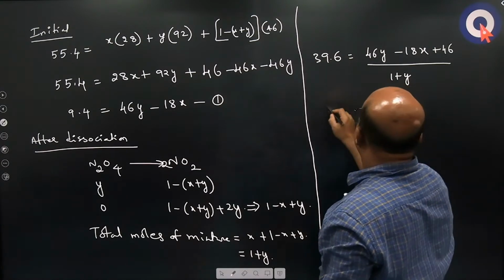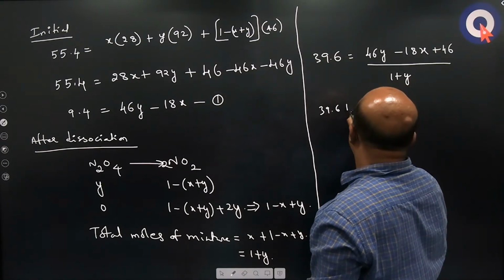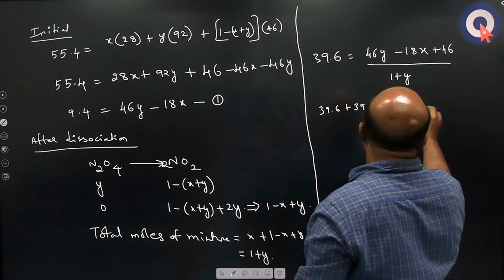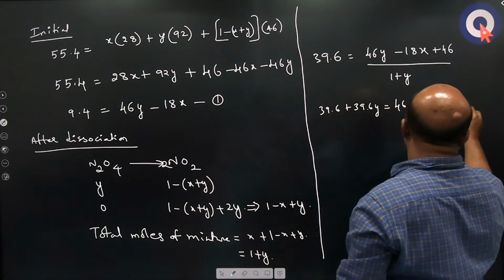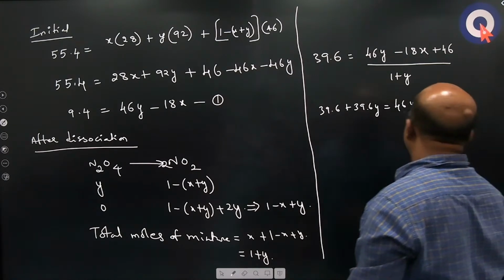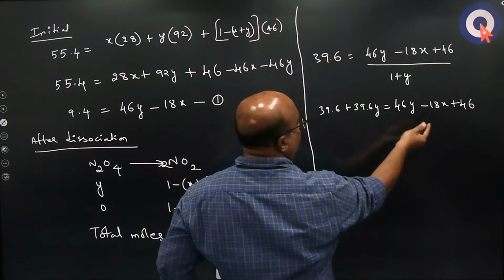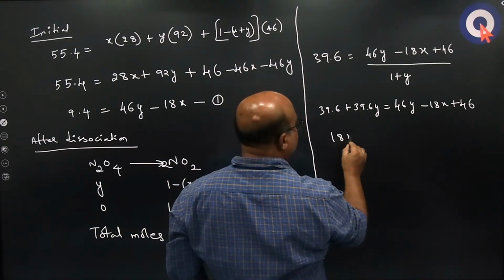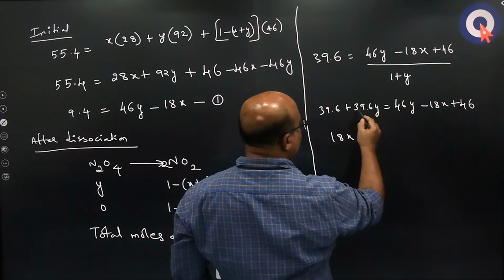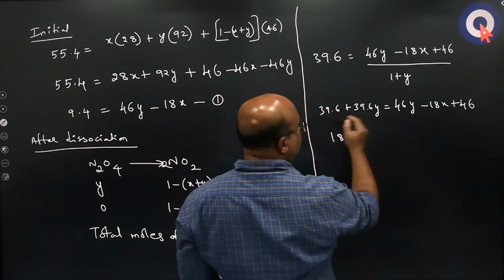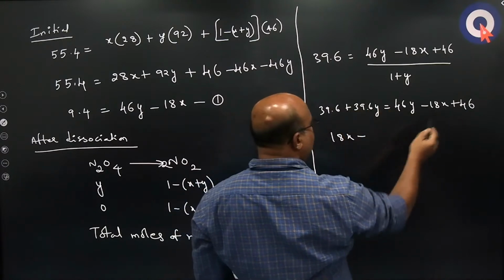So expanding this, it is 39.6 plus 39.6y equals 46y minus 18x plus 46. If you take all these terms here, it is 18x, then 46 minus this, 18x becoming plus, and 39.6 we are bringing here.